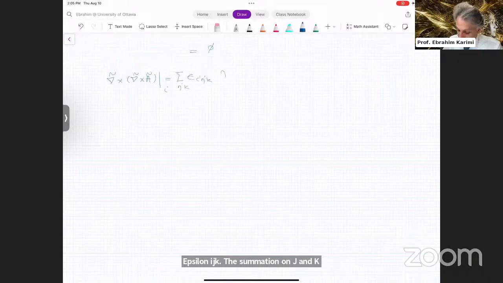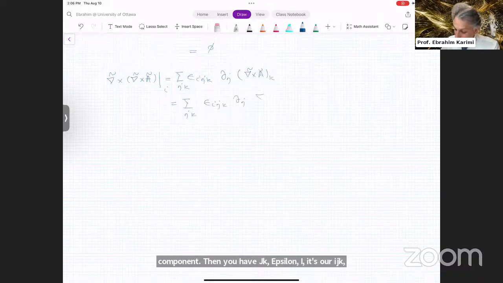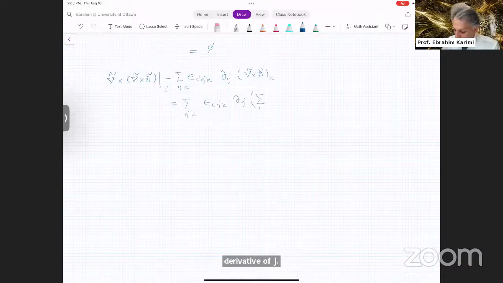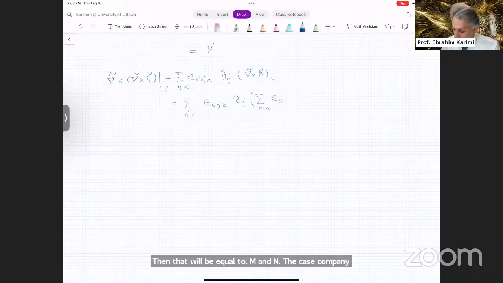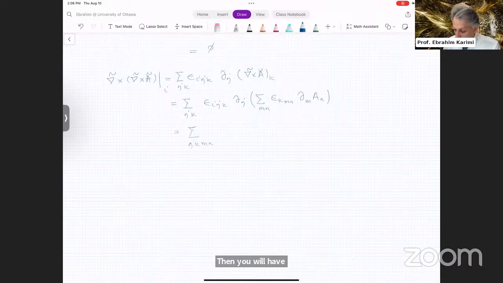Then you have derivative of j, curl of A, the k-th component. The k-th component will be epsilon k m n, derivative with respect to m, a n.